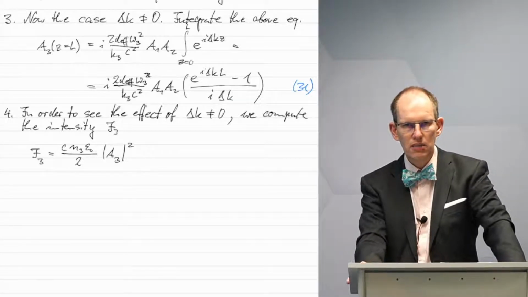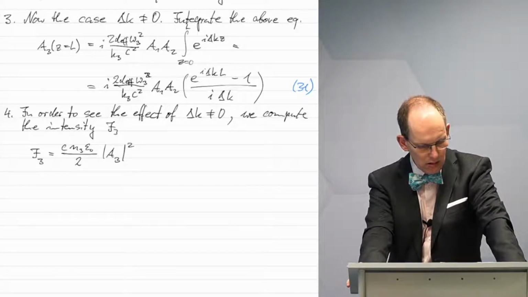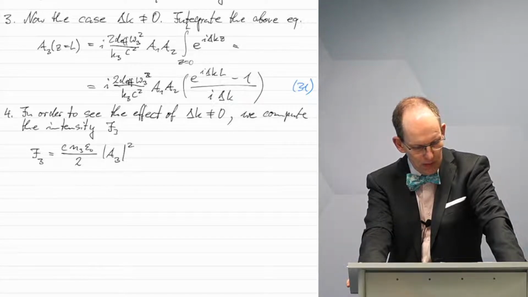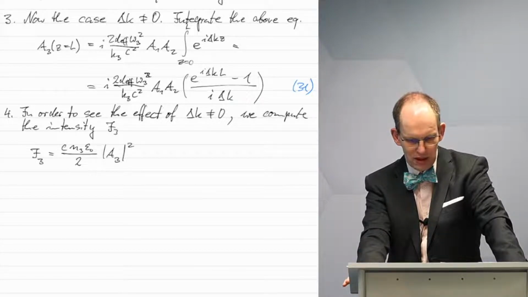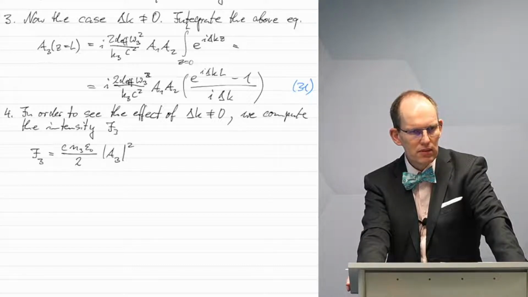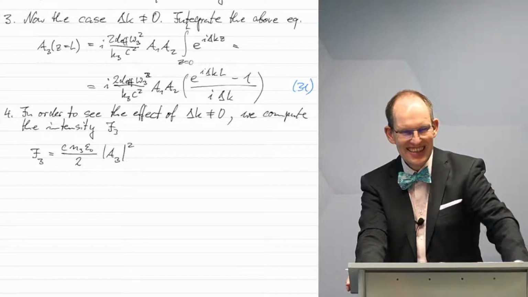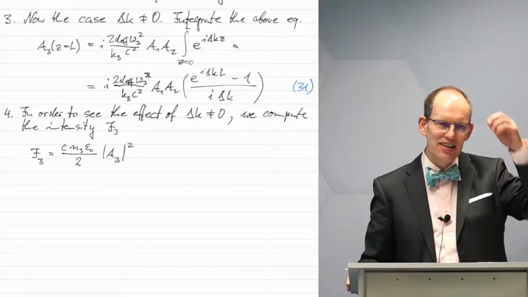I write the magnitude because generally it's complex. Do you remember this formula? You have to multiply basically by c times epsilon 0 divided by 2. Do you know these things by heart? I don't. I remember it in a different form.